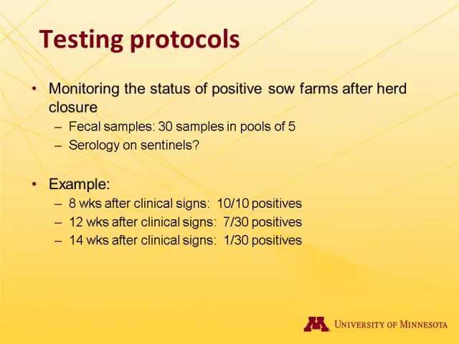And finally, what are we going to do in those farms that got infected in May, in June, that went through the whole outbreak, and now they are recovered, they are back to normal in terms of production, but we think they might still have the virus? How are we going to be able to tell if those farms are still positive or not? Serology probably won't help us much there because we know those farms are positive.